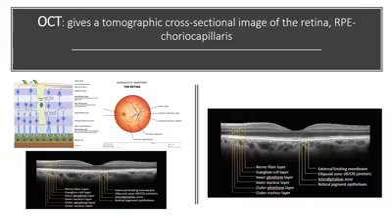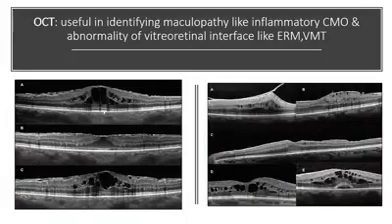So when we have any disease involving the macula, or we want to monitor any complications of the macula due to posterior uveitis, the best imaging modality is the OCT. From the OCT, we can get much information, like we can look for cystoid macular edema. We can look also at the epiretinal membrane.